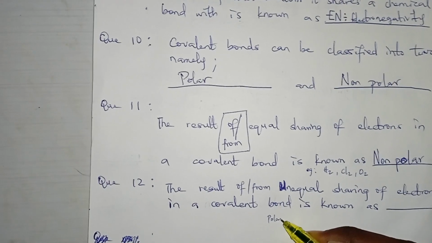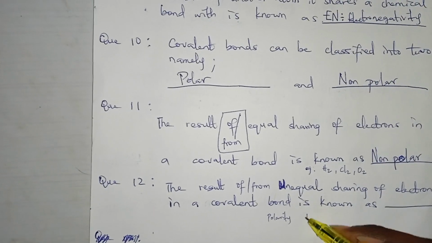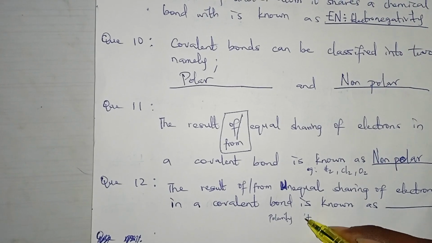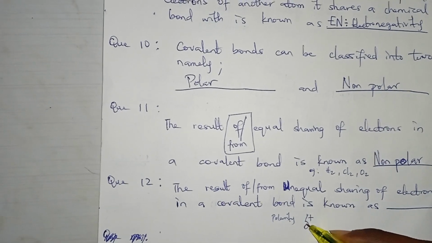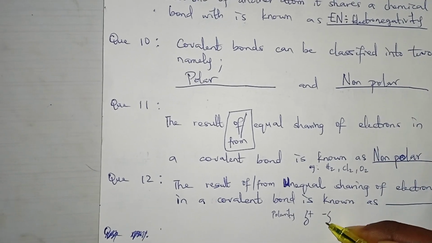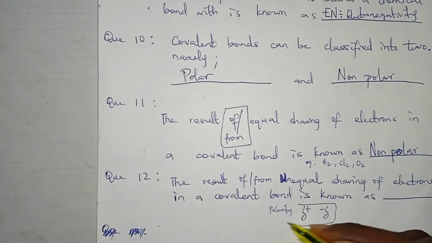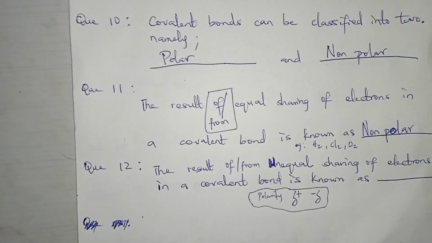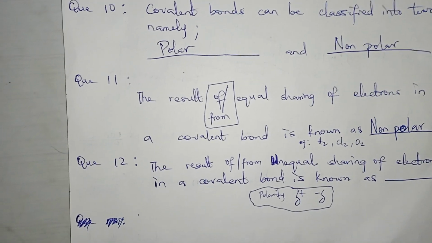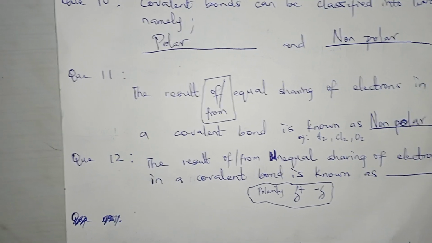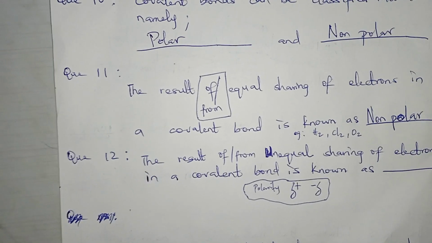Once you hear polarity, you know it's talking about positive and negative. So when it's polar, it means one side is more positive or one side is more negative. So it's not equal.